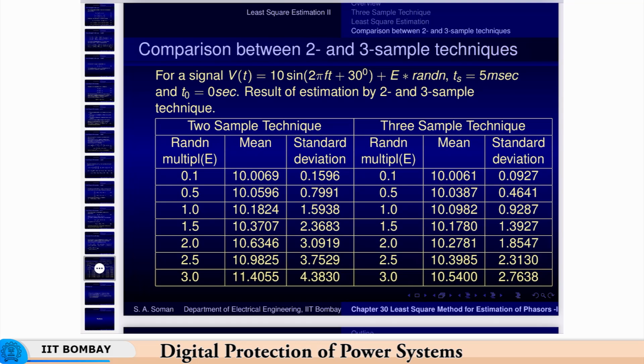However, with the 3 sample technique you get 10.5, and even the standard deviation is much lower. So, you can see that the 3 sample technique here is far superior. You get much better results as compared to the 2 sample technique. That is for the simple reason that we have added redundancy.